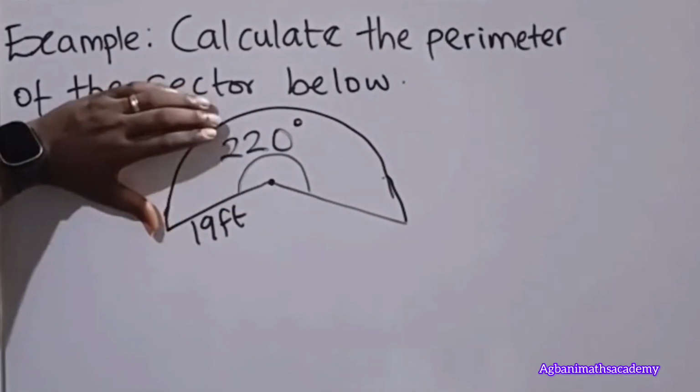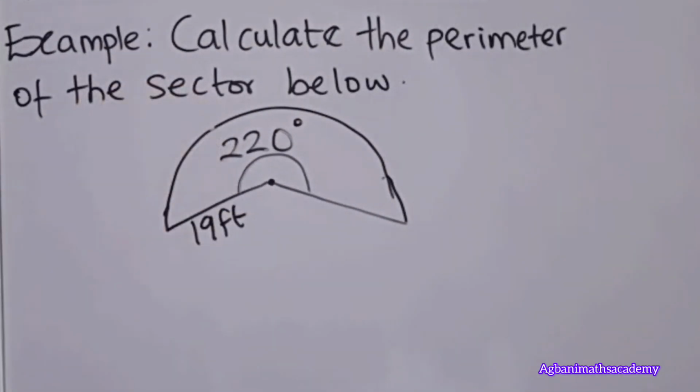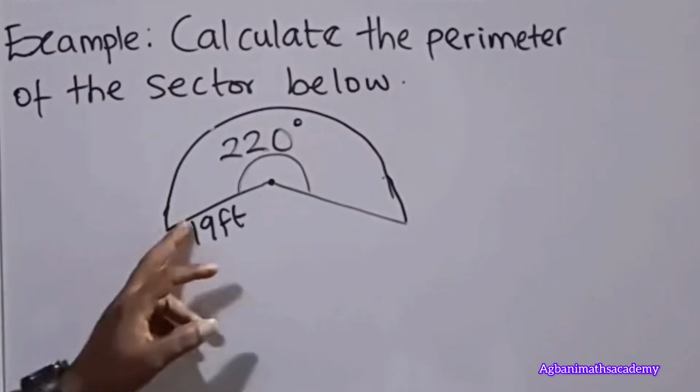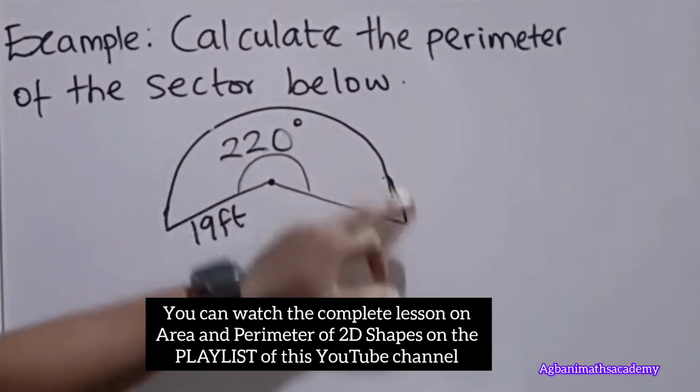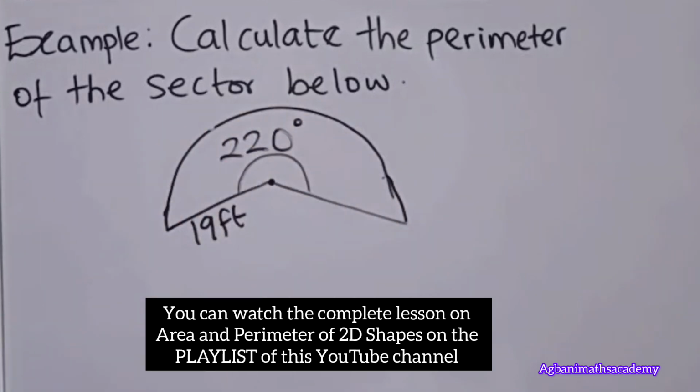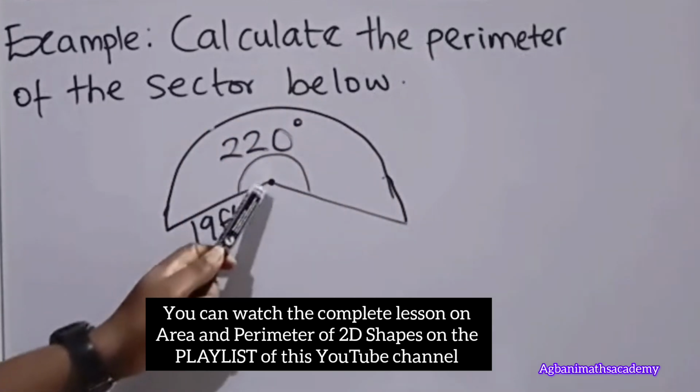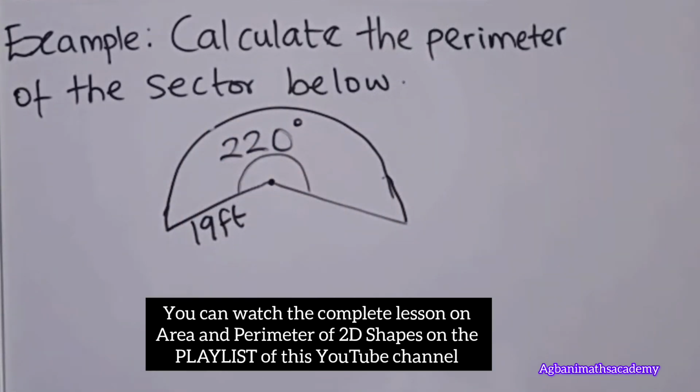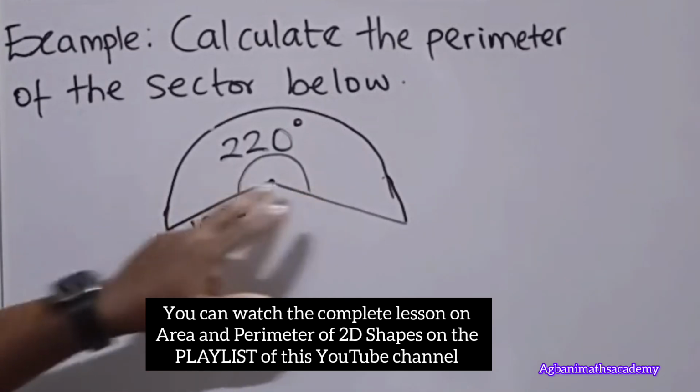So this is another sector. Remember, a sector is a part of a circle that is bounded by two radii and one arc length. We can see that this is also a sector. We're expected to calculate the perimeter of this sector, which is the sum of these two radii.